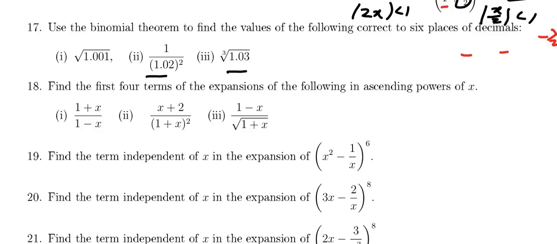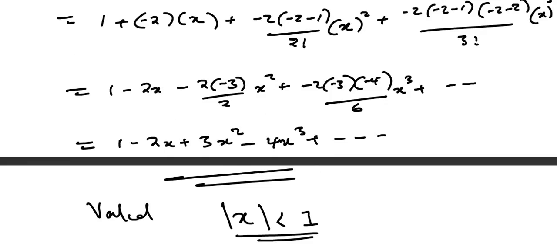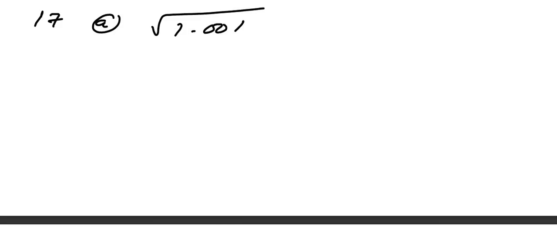So the first one is number 17a. There's a 1 plus 0.001. I hope you're okay with us writing it like this. This is the same as that. Then we're going to change this because there's a 1 here.